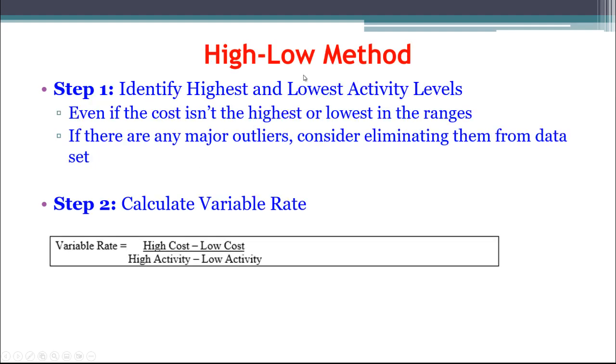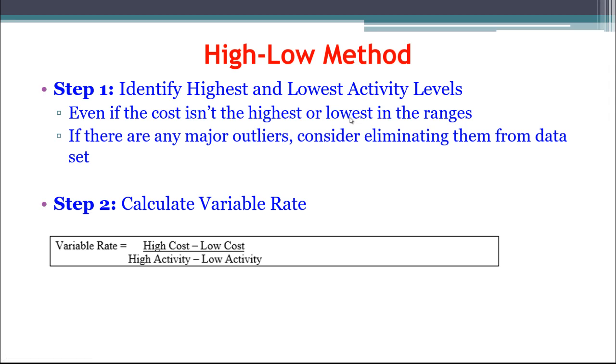So the HighLow method, step one, tells us we need to take a look at the past 12 months worth of bills and identify the highest and lowest activity levels. In that earlier example, it'd be the kilowatt hours. It's the highest and lowest activity levels regardless of whether the cost for those levels is also the highest or lowest or not.